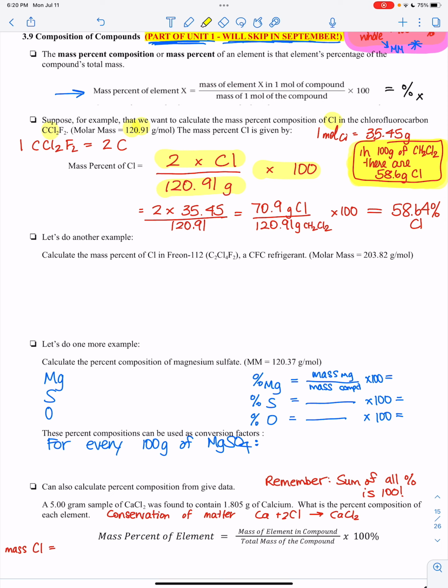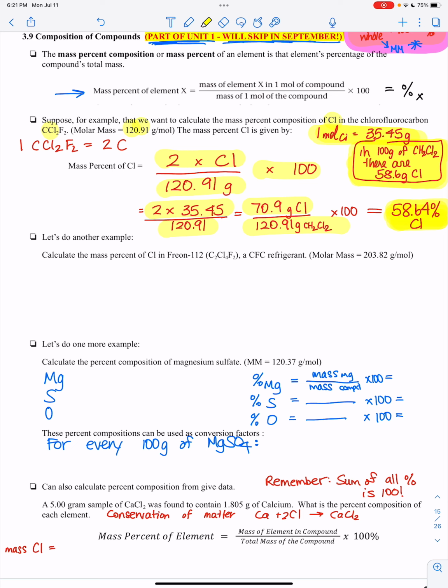On the periodic table, the molar mass of Cl is 35.45. So I do 2 times 35.45, and that's 70.9. I divide it by 120.91 times 100, and I get 58.64% chlorine. What this means is if I had a 100-gram sample of CCl2F2, 58.64 grams are chlorine.